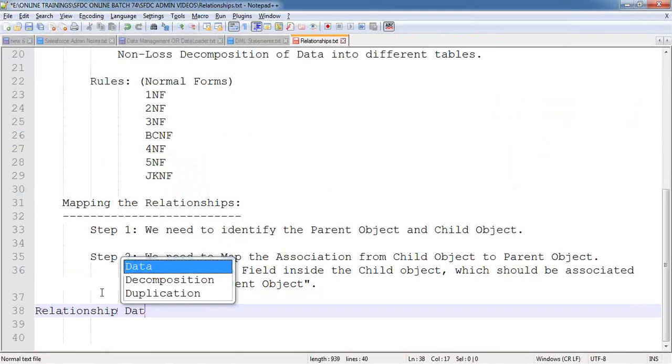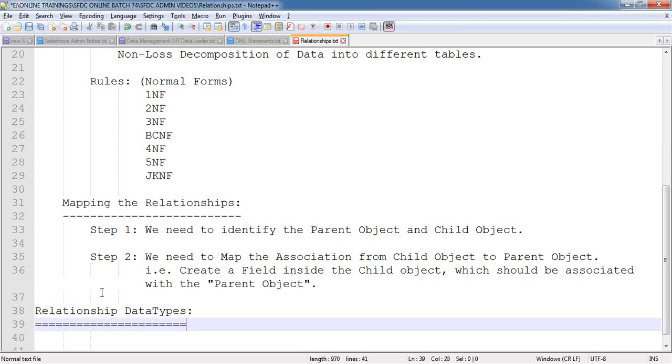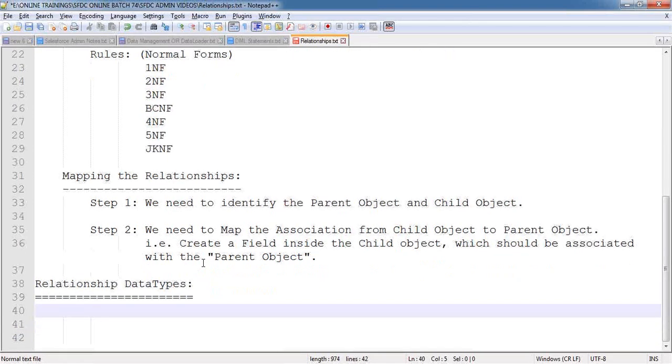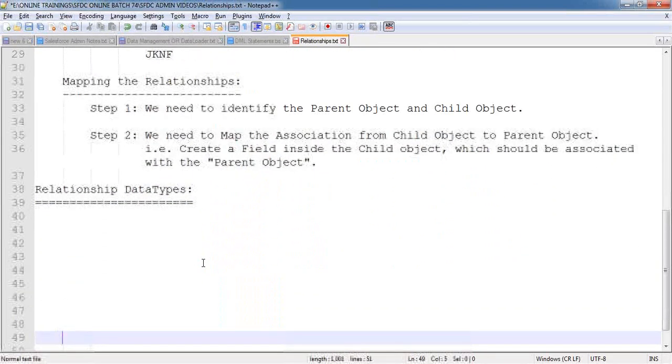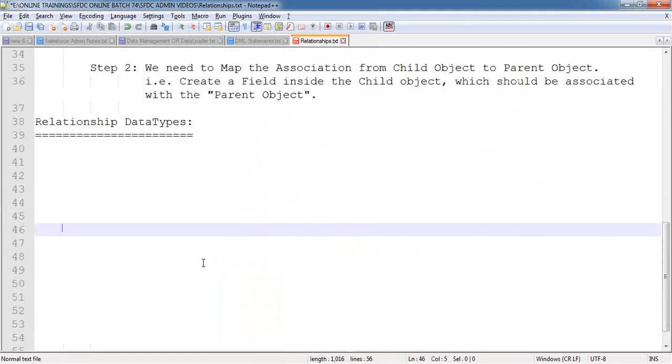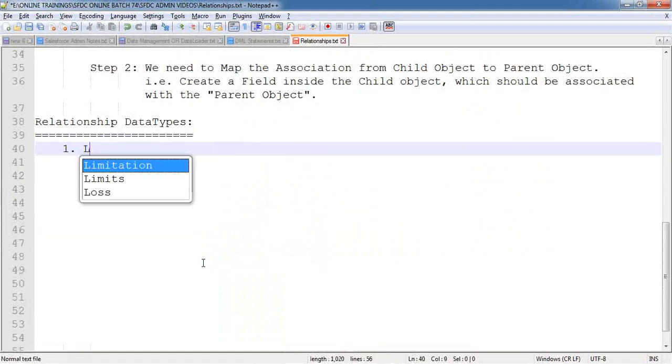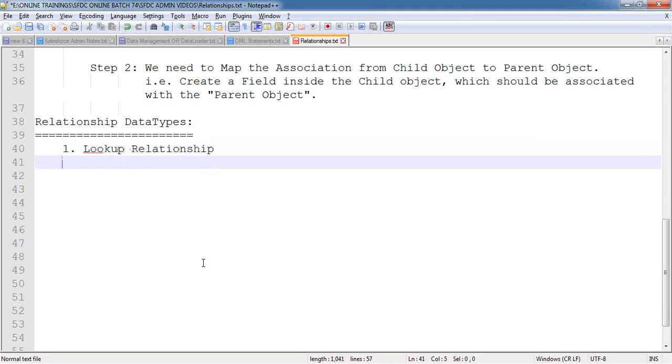Salesforce is providing various relationship data types. So what are those data types available as part of relationships? The first one is the lookup relationship data type.